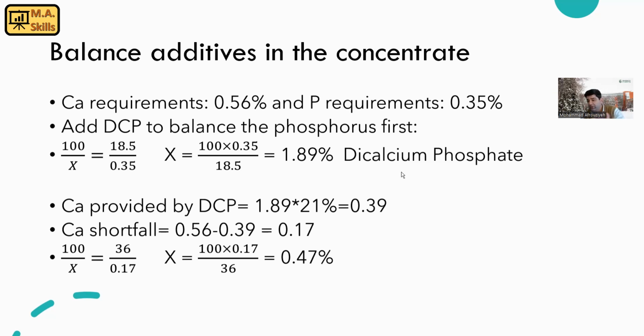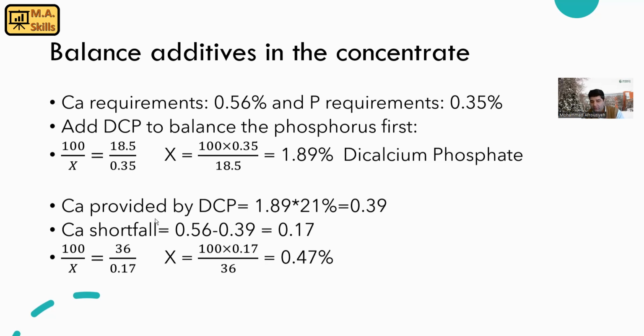Now, this amount of dicalcium phosphate is needed in our diet, but it can provide calcium as well. So we need to calculate the amount of calcium coming from dicalcium phosphate. So in the feed ingredients table, we saw dicalcium phosphate has 21% calcium, right?